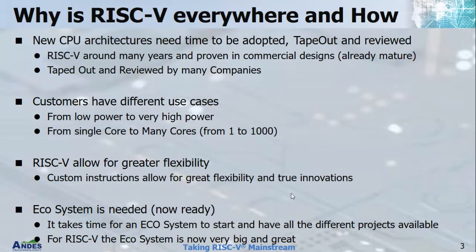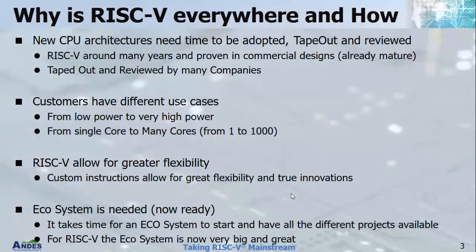Then another case for RISC-V is that customers have different use cases. Some customers want a very low power core, others need a very efficient core, crunching numbers, and they don't care about power consumption. And then some people only take one core, others take many cores. We have seen designs at Andes, for example, with 100 cores, but we also have a startup doing some super interesting number crunching where they put 1,000 of our cores into one design.